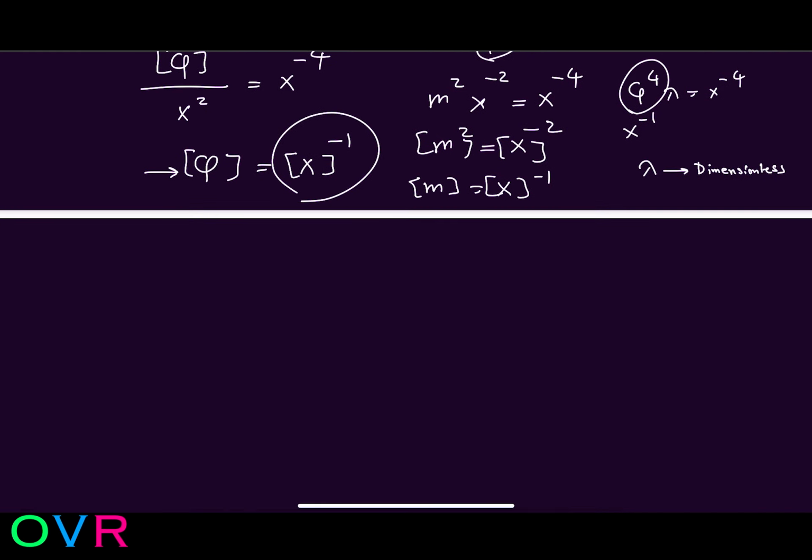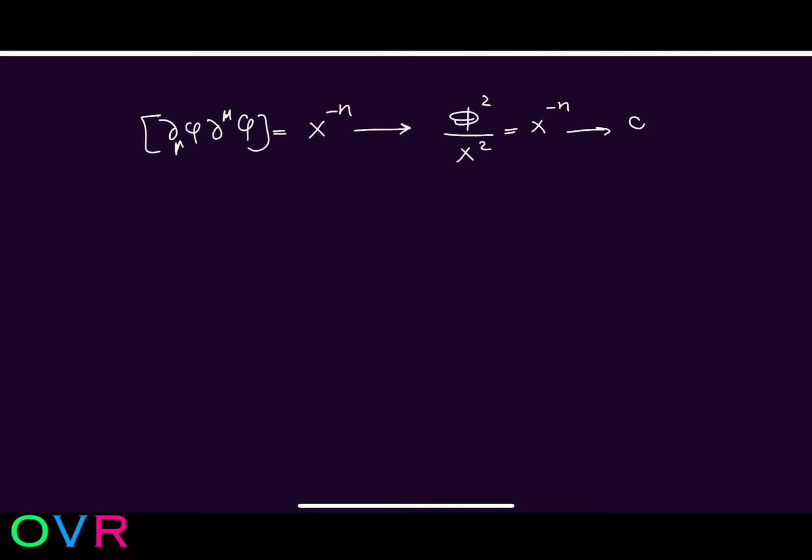When we have an n-dimensional spacetime, then the derivative of phi squared should be proportional to x to the power of minus n, right? So in that case, phi squared divided by x squared is equal to x to the power of minus n. Then the dimension of phi squared would be x to the power of minus n plus 2, right?